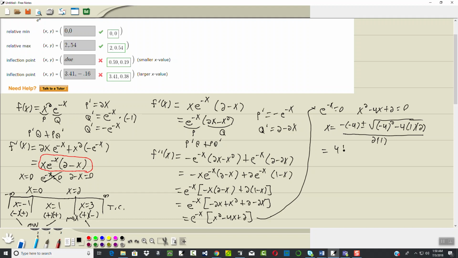So that's going to give us 4 plus or minus the square root of 16 minus 4 times 1 times 2, which is 8, all over 2. So that gives us 4 plus or minus the square root of 8 over 2. Now 8 is 2 times 2 times 2, so I can bring a pair of 2s out as a single 2, all over 2. And I can divide these by 2, so it gives me 2 plus or minus 1 square root of 2, or just square root of 2.